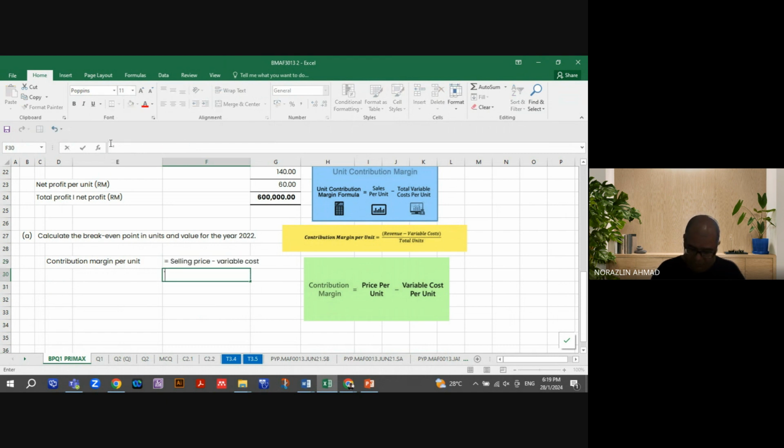Or price per unit minus variable cost per unit.